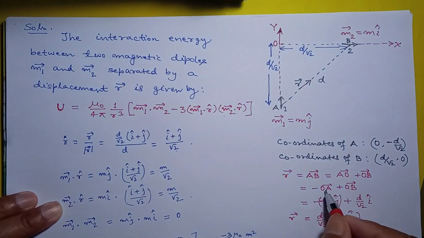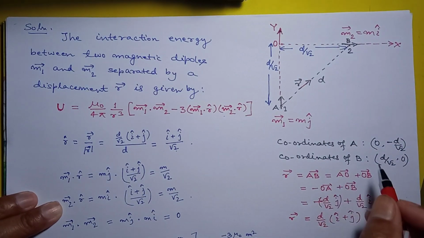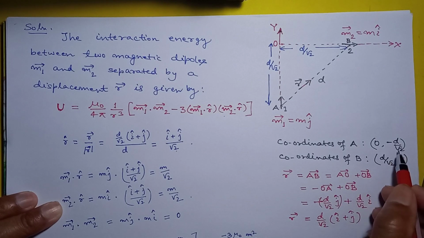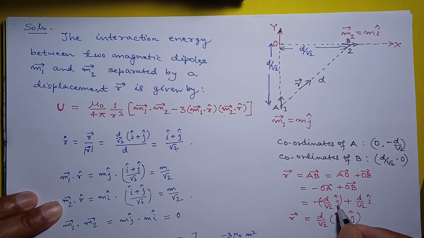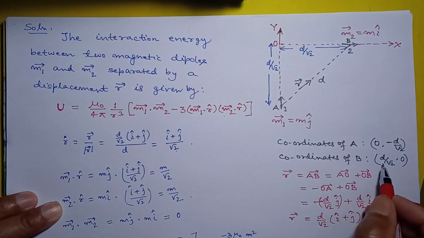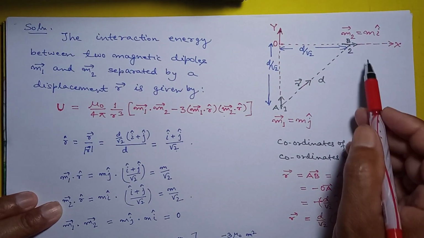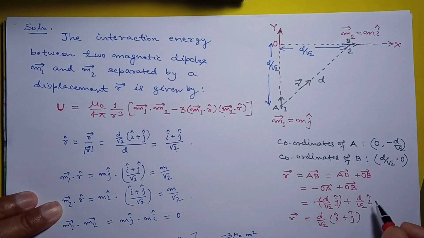Here it is minus, and vector OA is what? This is in y coordinate minus d upon root 2 j hat, plus OB, it is in x coordinate, so it is d upon root 2 i hat. So vector r is d upon root 2 taking common i hat plus j hat.